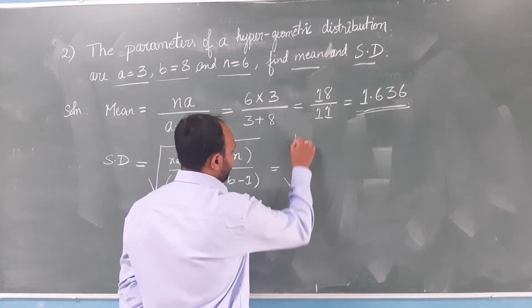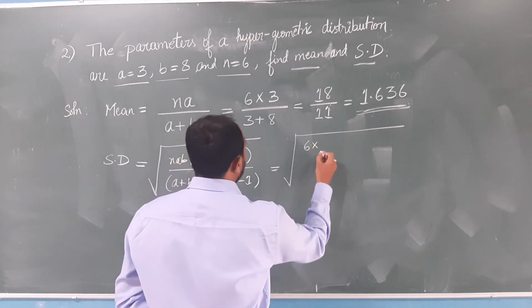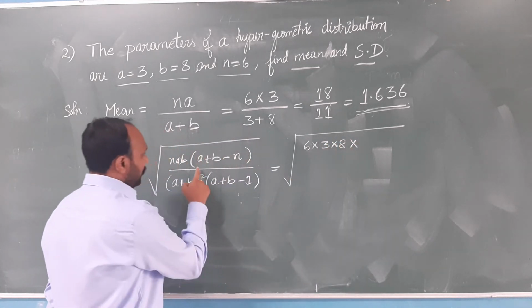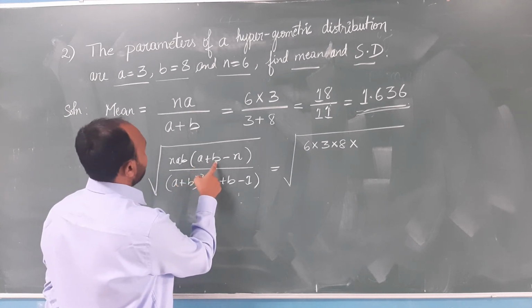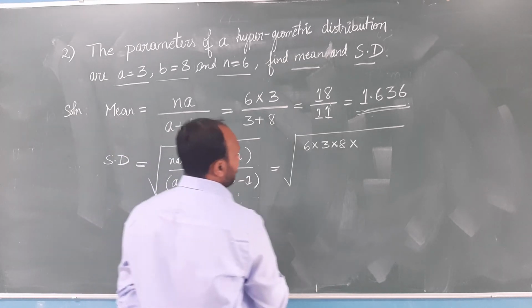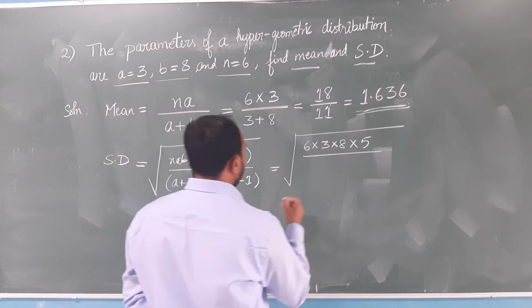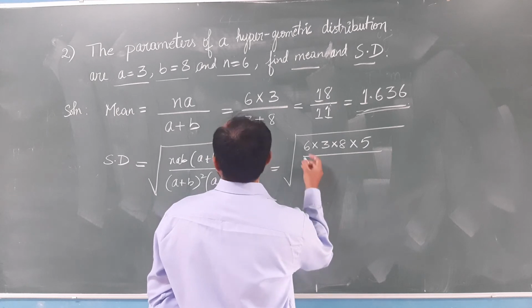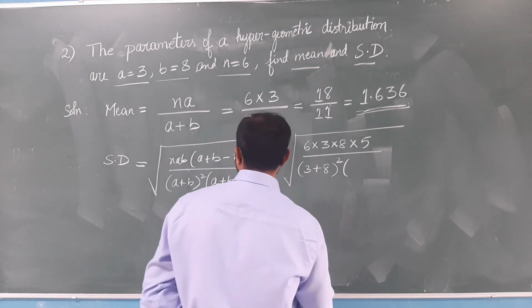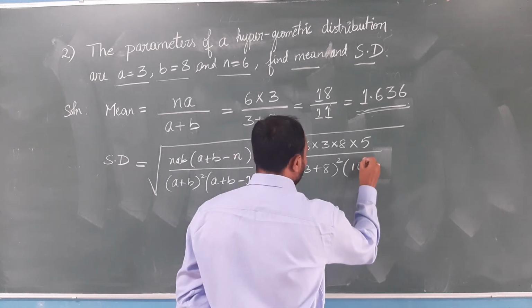Now let us substitute. Square root of n value 6 into A value 3 into B value 8 into (3 plus 8 is 11, 11 minus 6 is 5), divided by (A value 3 plus B value 8) square into (3 plus 8 is 11, 11 minus 1 is 10).